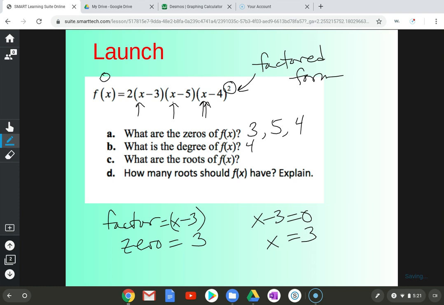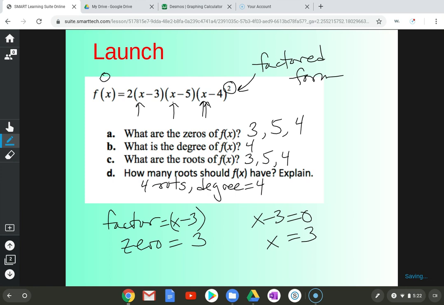What are the roots? Well, we don't have any imaginary or complex factors here, so the roots would be the same as the zeros, which would be 3, 5, and 4. How many roots should f of x have? Technically, since it's a fourth degree polynomial, it should have 4 roots because the degree is 4.